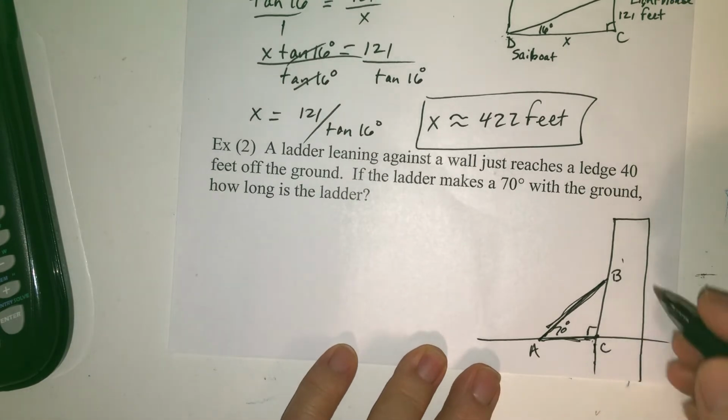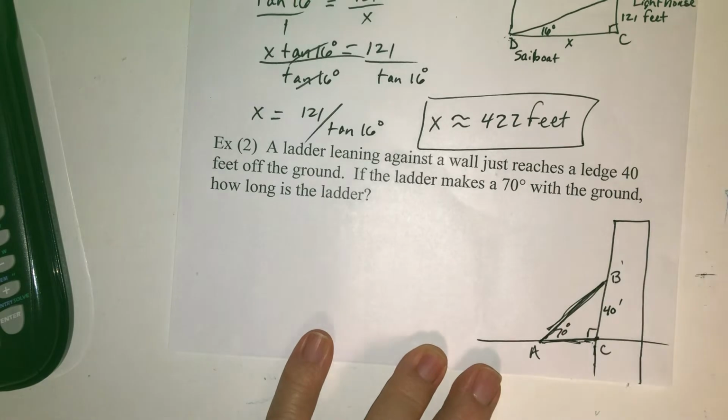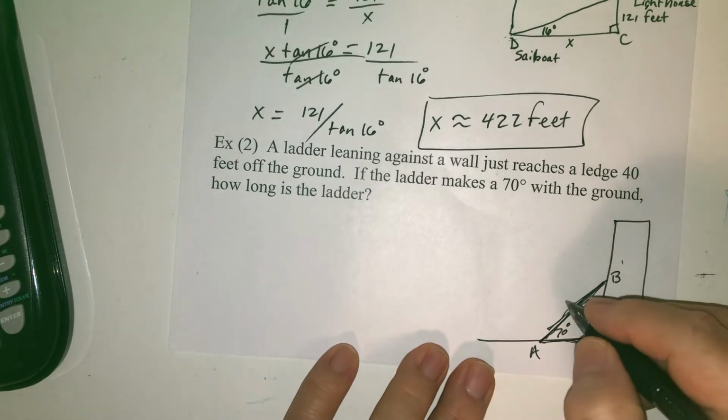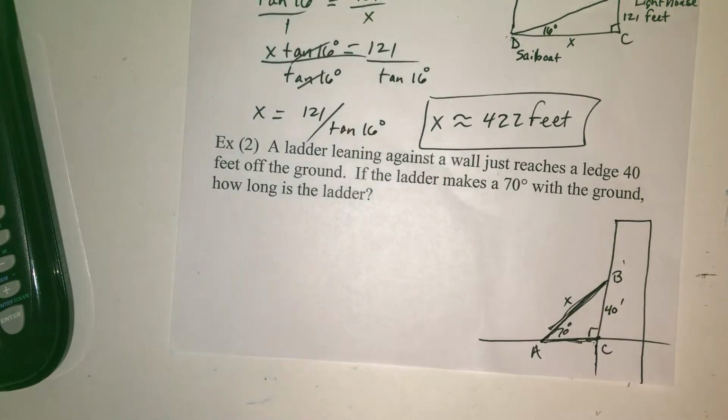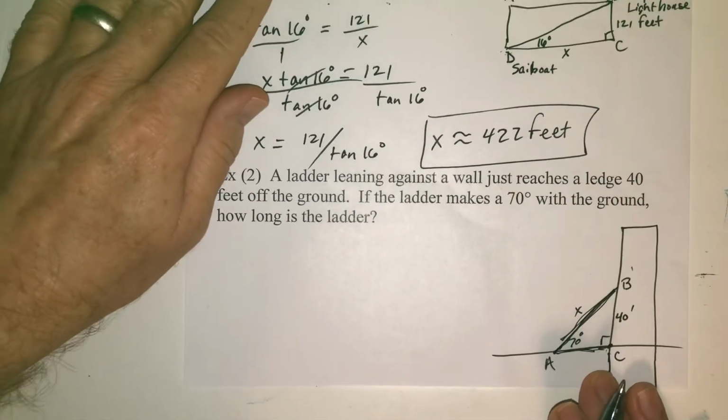We know that segment BC is 40 feet, and what we're looking for is how long the ladder is, which is segment AB itself. Really, technically, all you need is that right triangle. You don't have to have all the other stuff, but if you have more, that's okay. Better to have more and get it right than not enough and miss it.